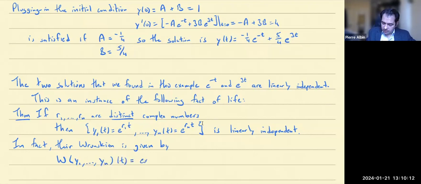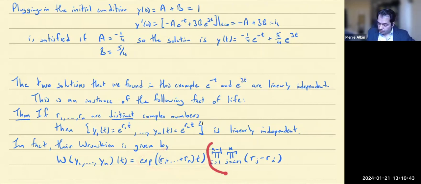The Wronskian is given by the exponential of the sum times the product, i goes from 1 to n minus 1, of the product j goes from i plus 1 to n of the difference Rj minus Ri. So you have this exponential factor, which is never equal to 0. And then you have this product of differences of the numbers.